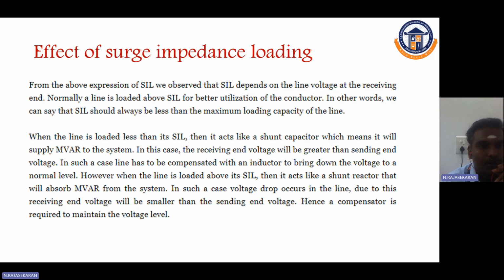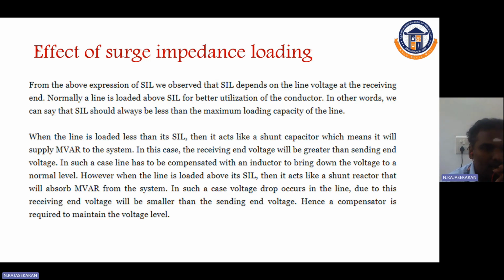Suppose your line is loaded above your SIL, surge impedance loading, what will happen that time? When the line is loaded above surge impedance level, then it acts like a shunt reactor. Then it will absorb more MVAR from the system. In such a case, voltage drop occurs in the line.